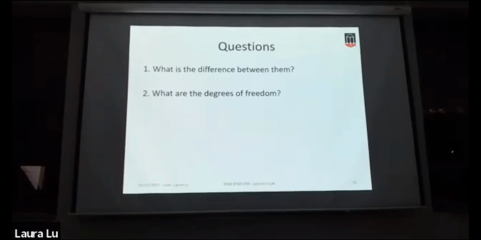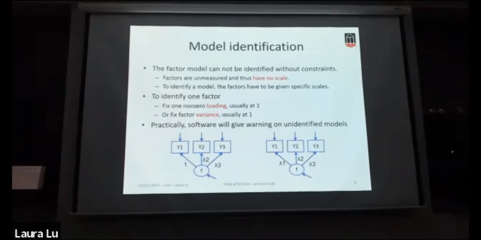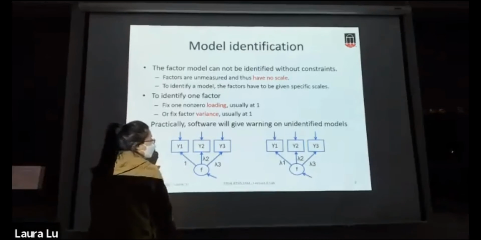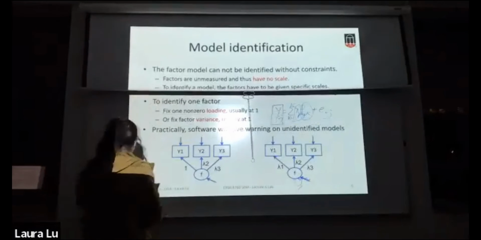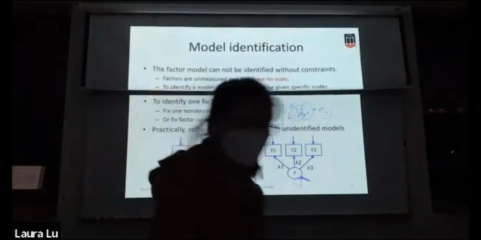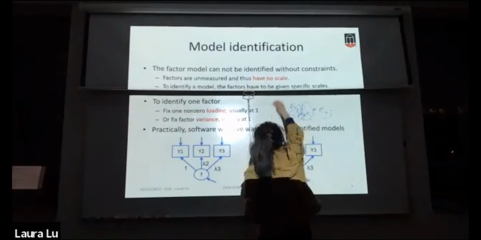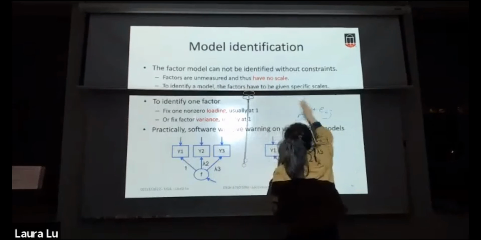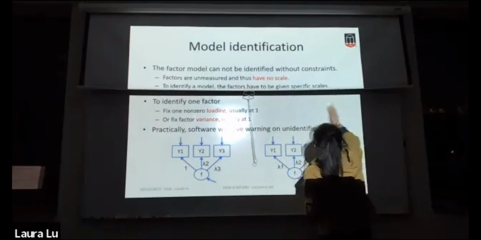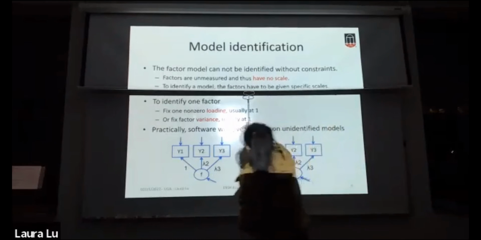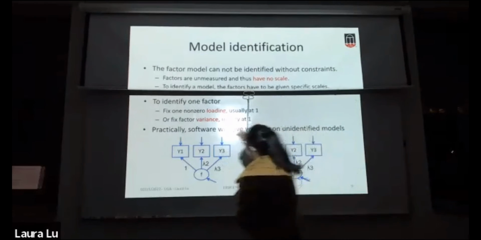What are the degrees of freedom? Let's check the first model identification. We talked a lot about the degrees of freedom. So how are we going to calculate them? First, let's check the number of information.